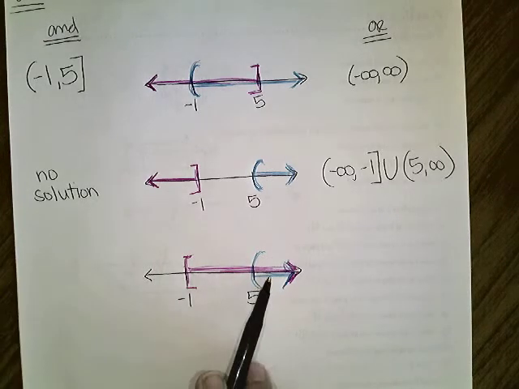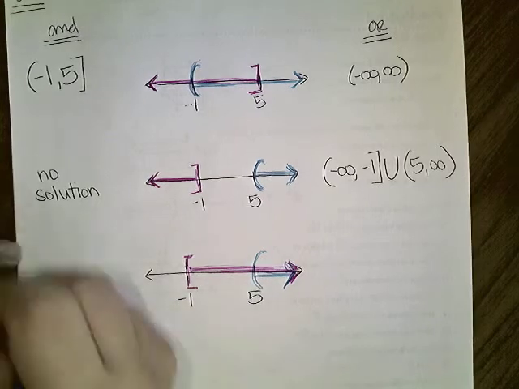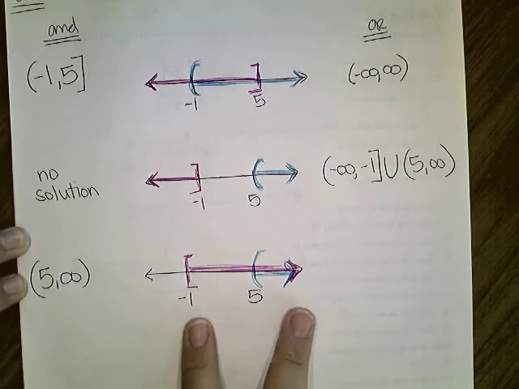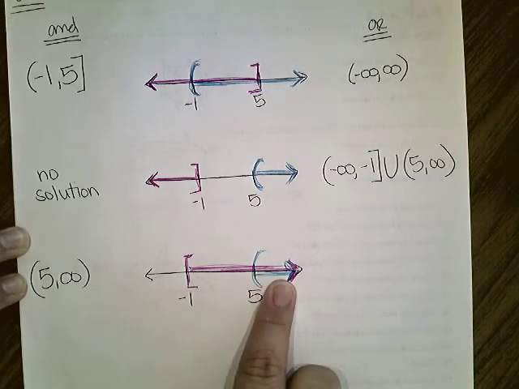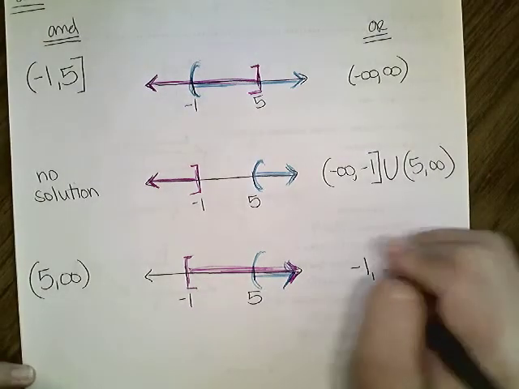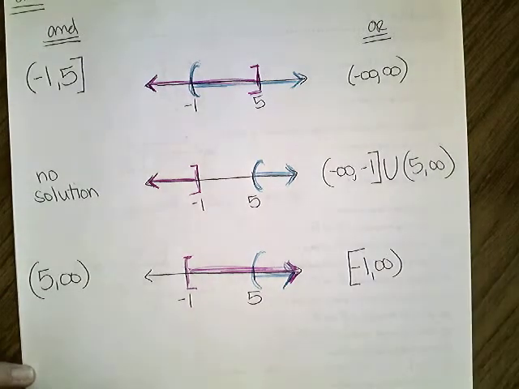Well, both of them are true at 5 and above, so from 5 to infinity for an "and" situation. If this were an "or" situation, when is one or the other true? We're happy if we at least get one. We're even happier if we get two, but we're just looking for at least one. So that would be from -1 to infinity.